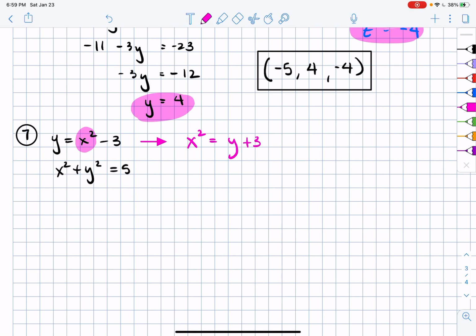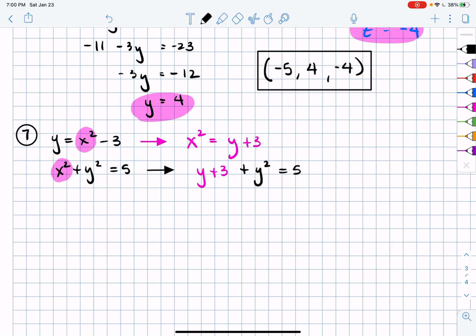The reason I got x squared by itself is because this already has an x squared, so I'm literally just replacing that. So I'm going to have y plus 3 plus y squared is equal to 5.